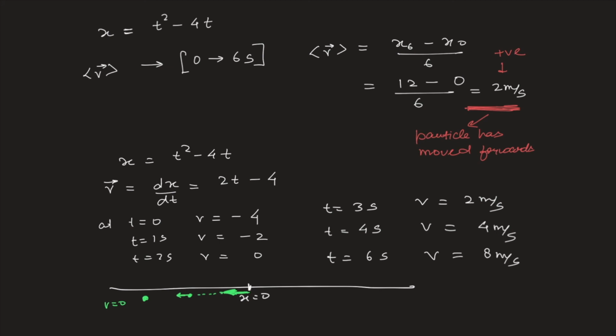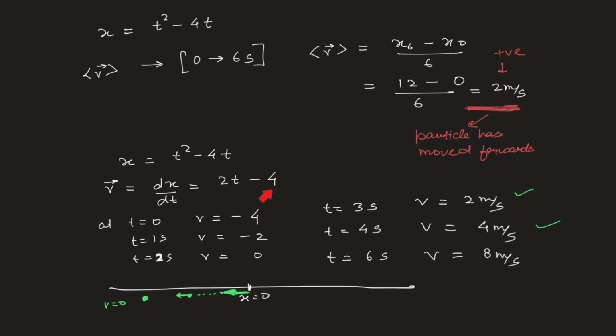After this, the particle starts to move forwards. As you can see from the data here, if you put any time ahead of 2 seconds, so you can put 2.5 or 2.75 or 3 seconds, you will get a positive velocity.